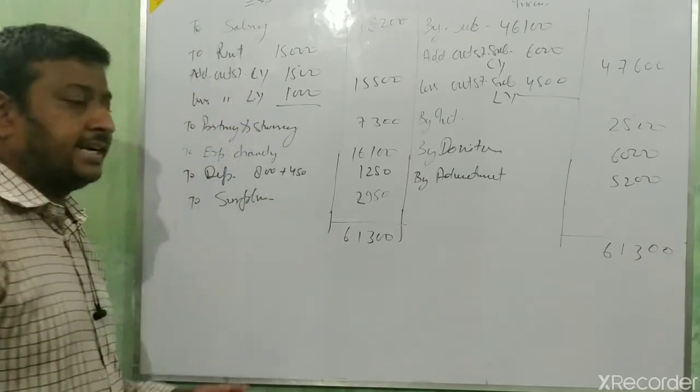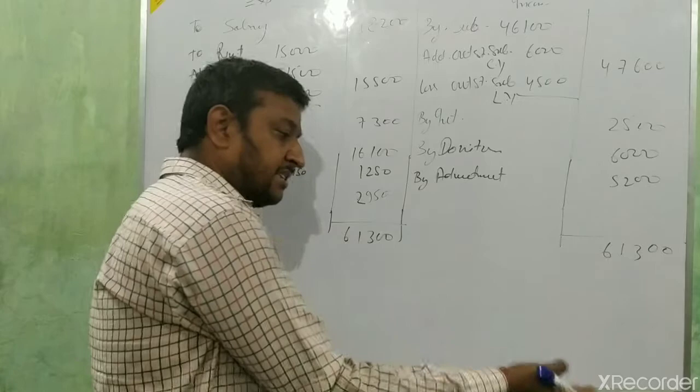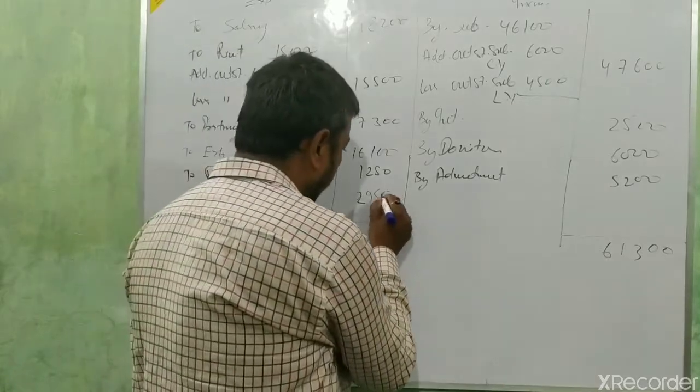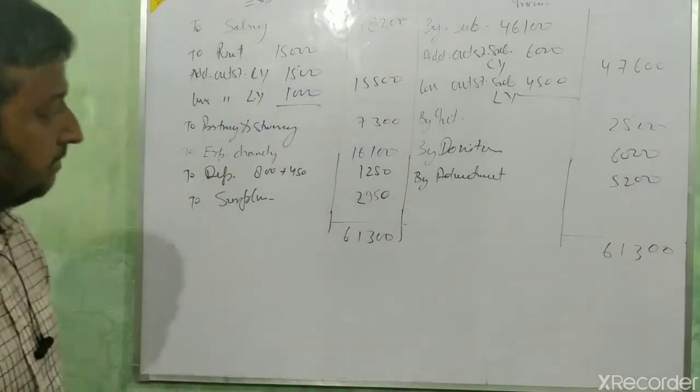Okay beta, that difference we are doing, 2,950 answer is coming or not? 2,950. Yes.